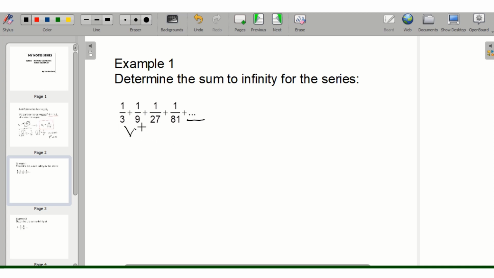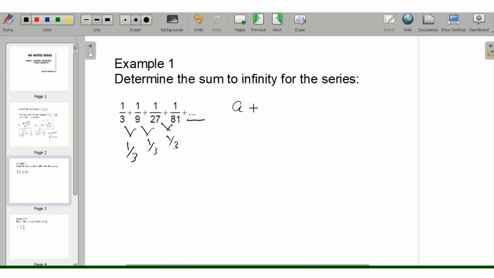Now we need to find our constant ratio, because whenever you are asked to find the sum to infinity, that is a geometric series. So 1/9 divided by 1/3 will give you 1/3. This will also give you 1/3 and 1/3. So that tells you the value of r.